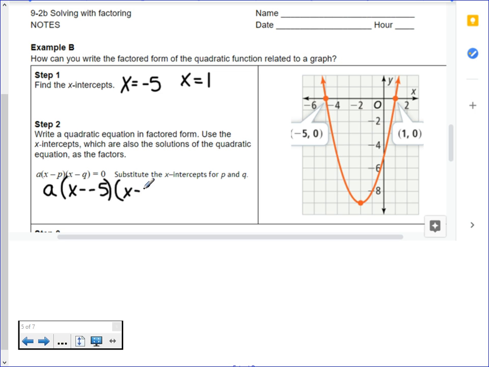And then our other number is a 1, and we'd set that equal to 0. We're going to simplify that because two negatives make a positive. So this turns into x plus 5, and x minus 1 equals 0.